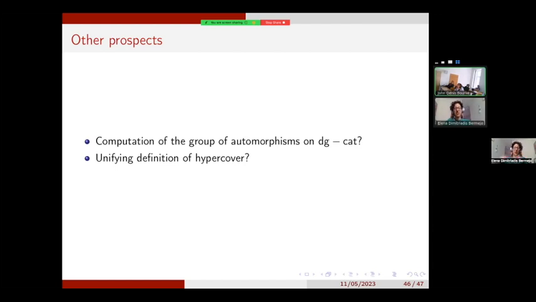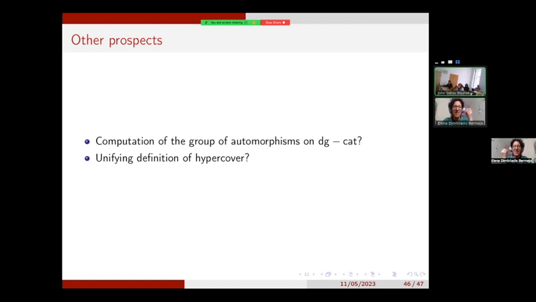And then just an open question. There are a lot of different definitions of hypercover. There's hypercovers in topological spaces, in simplicial spaces, in infinity categories. I have 2 different definitions just in this presentation, and they all look really, really similar, and they all have pretty much the same basic properties.